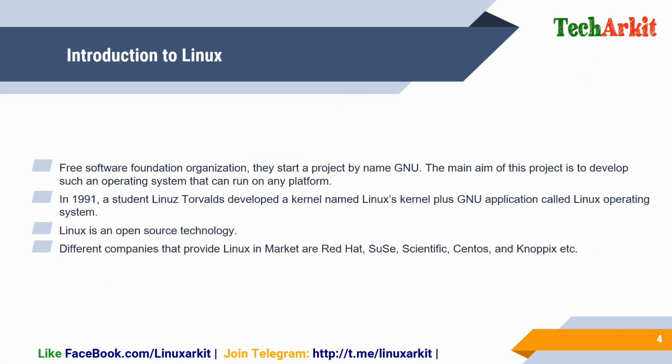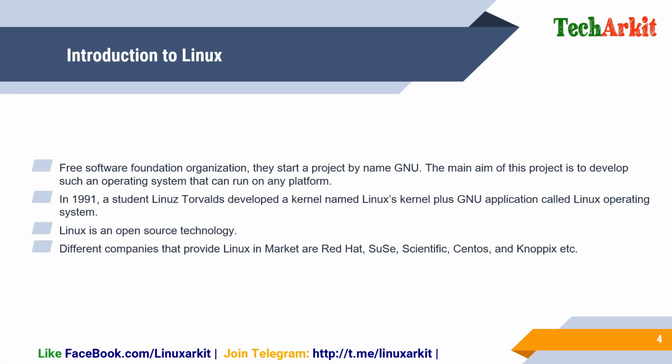In 1991 a student, Linus Torvalds, developed a kernel called the Linux kernel, which plus GNU applications is called the Linux operating system. He developed a free kernel and published it as open source. Then using that kernel, many people developed their own things.